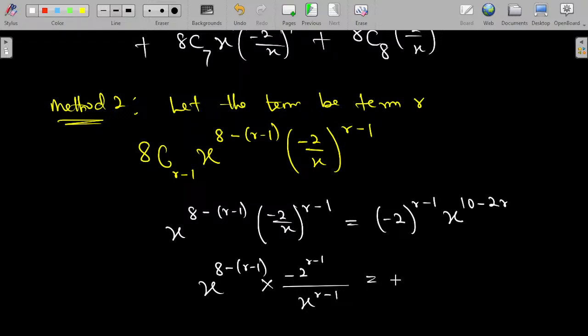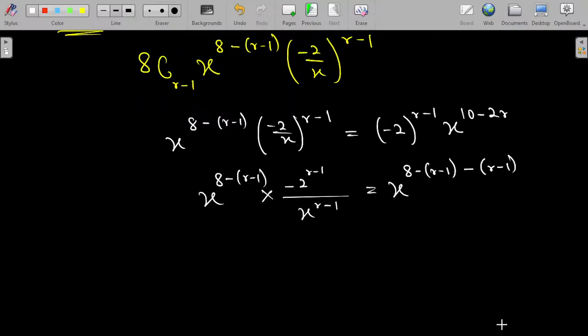And if they divide, you are only going to have x to the power of 8 minus r minus 1. Now, since their bases are the same, you just subtract the powers. So this will be minus r minus 1 again. So I'm just trying to simplify the x. Of course, you can see where this one is coming from. I want you to see where the other one was gotten.